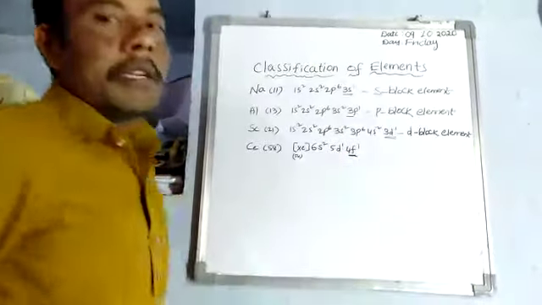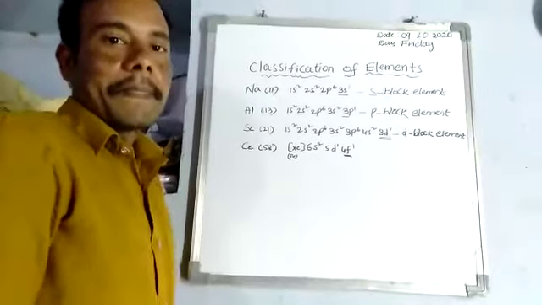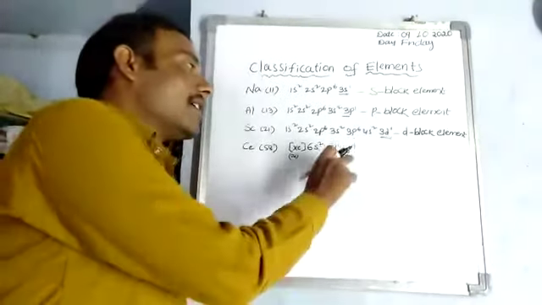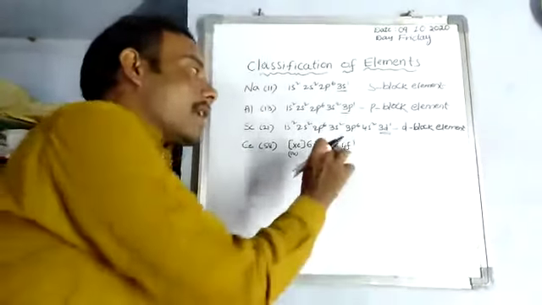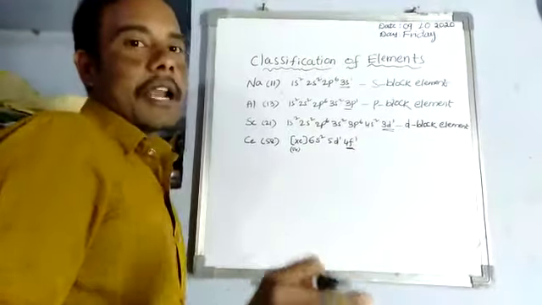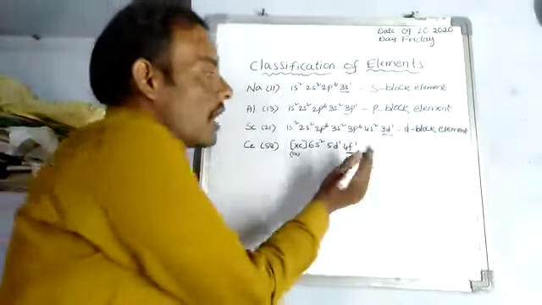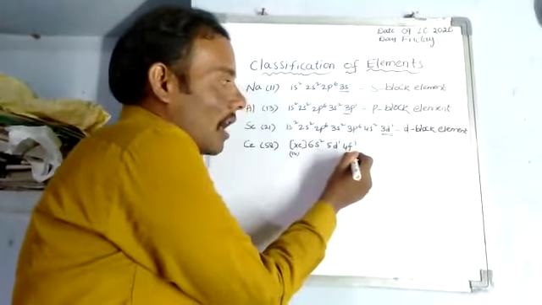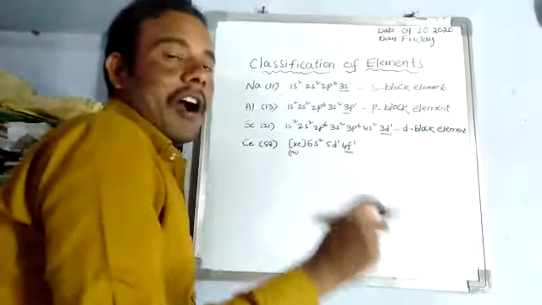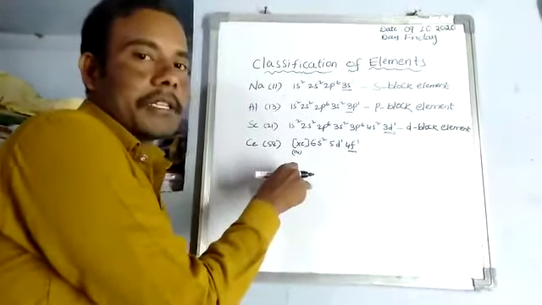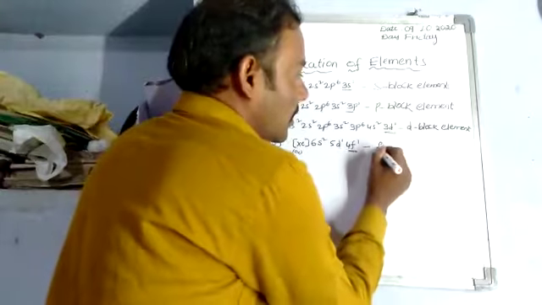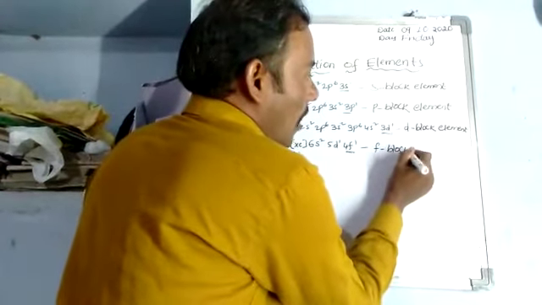Here the differentiating electron or the last coming electron enters into the f orbital of the valency shell. So this belongs to f block elements.